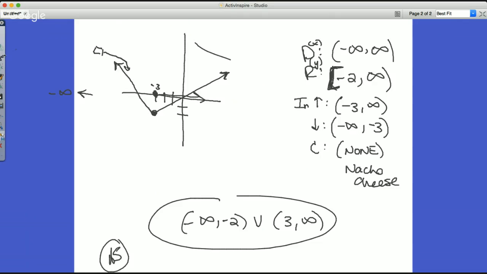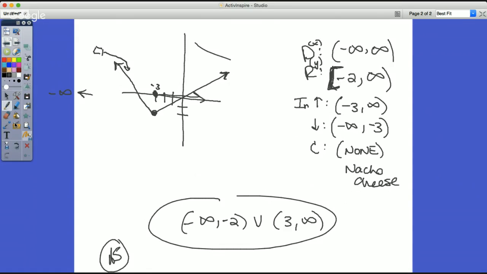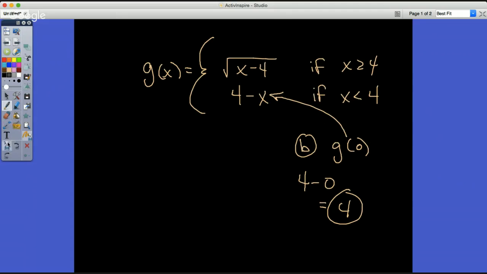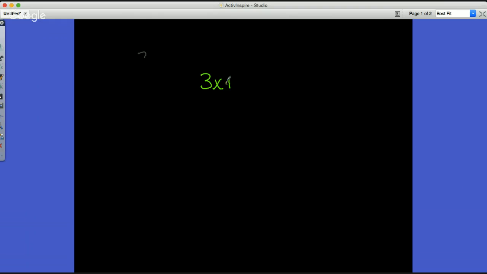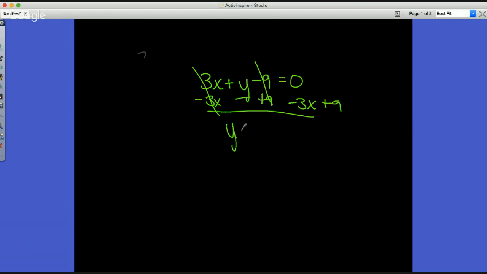One thing to note is that anytime I have an equation like this, the one thing I think we need to just remember is to isolate y. So let's subtract 3x and add 9 to both sides. When we do that, y is equal to -3x plus 9.